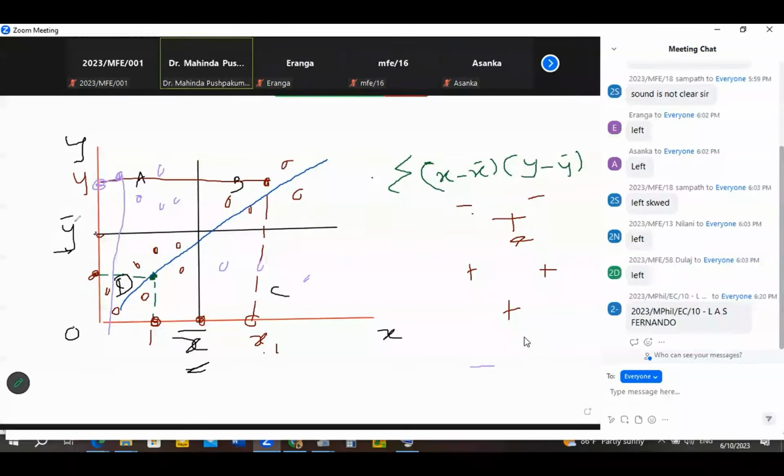Y minus y bar is plus, and x minus x bar is negative. Then minus. Like this, the value becomes minus. That's why we say if the covariance is positive, we have a positive relationship between two variables. That means both variables change in the same direction. Is it clear?